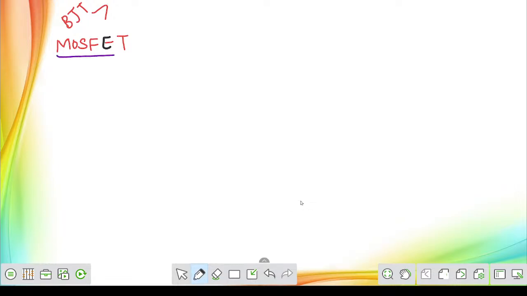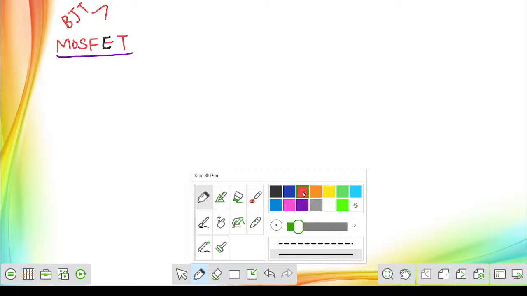As we are observing, MOSFET means metal oxide semiconductor field effect transistor. Since it has the effect of a field, it has many varieties of representations of this symbol. First, the MOSFET can be represented as the enhancement type, and the second one is the depletion type of MOSFET.